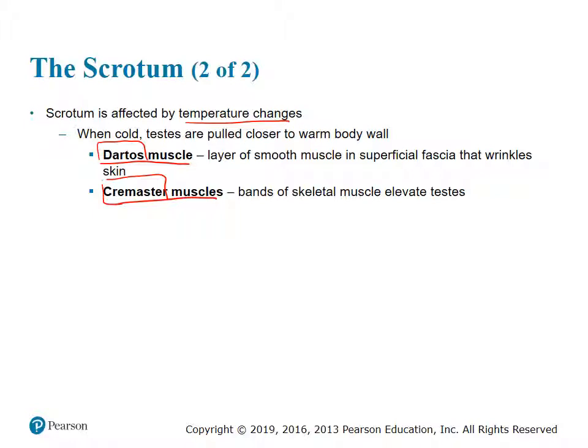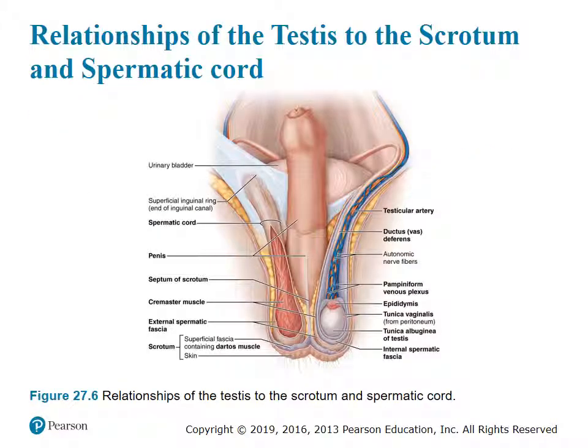And again, that's dependent on temperature changes, and that can vary depending on external and internal body temperature. We see those at play to balance that 3 degrees different temperature than the internal body. So these are the ones that are at play here, okay?